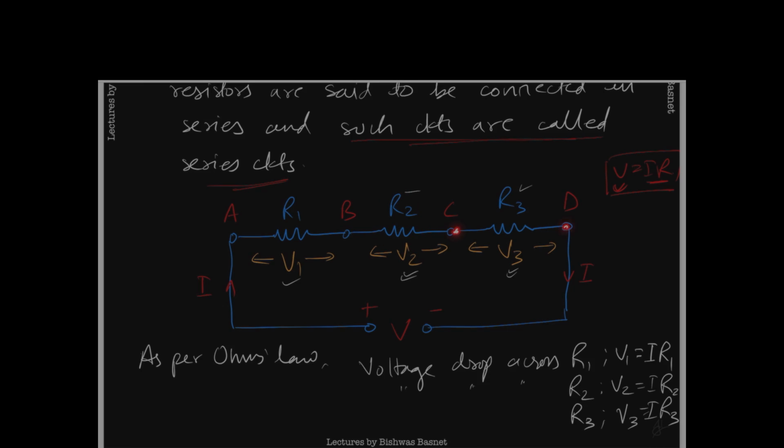Similarly, point C and point D, in between there is R3, right? So these are some resistor values. For example, this might be 1 ohm, that's resistance, right? This might be 1.5 ohms. This might be again 1 ohm, right? It might be anything. For now, we are just generalizing, right? So we understand this is an end-to-end connection just by looking at the terminals and how they are connected, right?